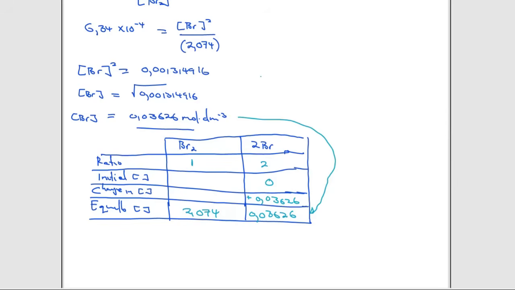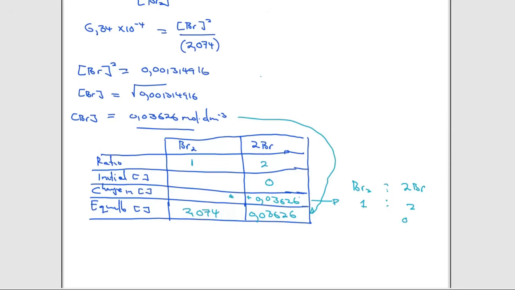The ratio between your Br2, which is your bromine, versus 2Br, we can see the ratio there is 1:2. So if we're having 0.03626 on this other end, we're going to have half of it.